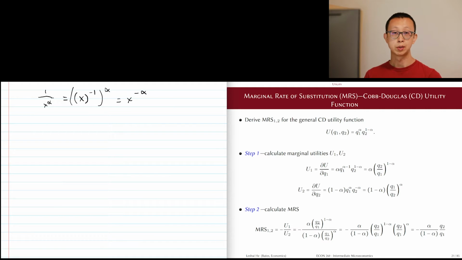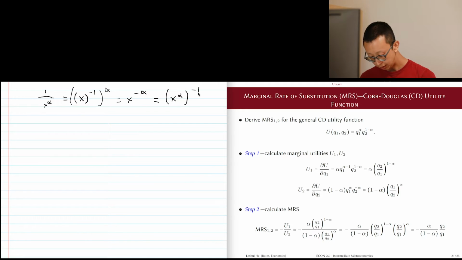And by a similar token, we can take it apart and assemble it in a different order. Instead of writing it as x to the power of minus 1 raised to the power of alpha, we can first raise x to the power of alpha and then raise to the power of minus 1. They're all equivalent. So how is that relevant to us?